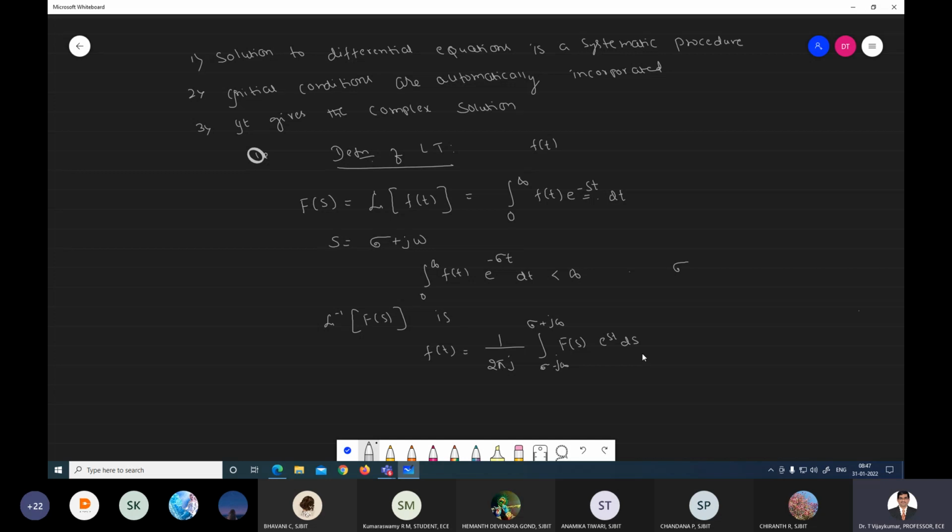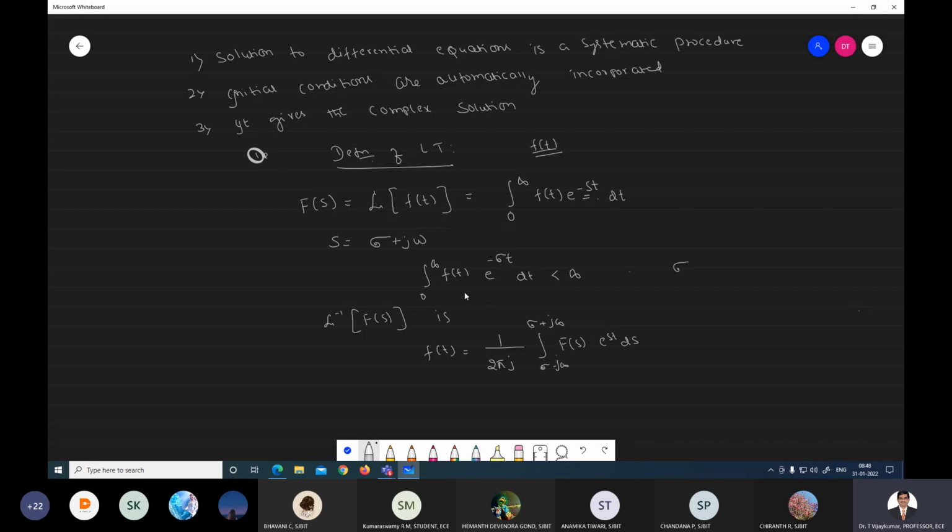What is the definition of a Laplace transformation? The Laplace transformation of a function f of t is defined as F of s is equal to Laplace of f of t, that is equal to integral from 0 to infinity f of t into e to the power of minus st into dt. Here s is a complex variable, s is equal to sigma plus j omega, and the function f of t must satisfy the condition to process a Laplace transformation.